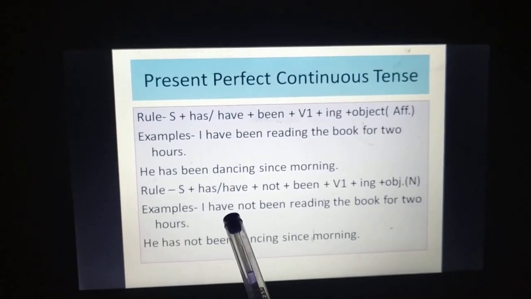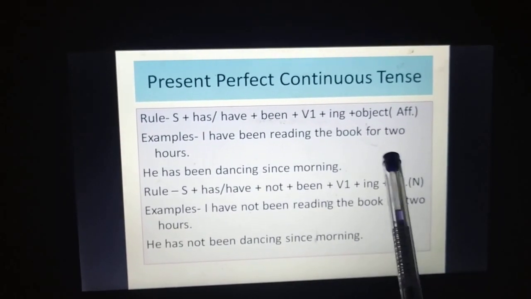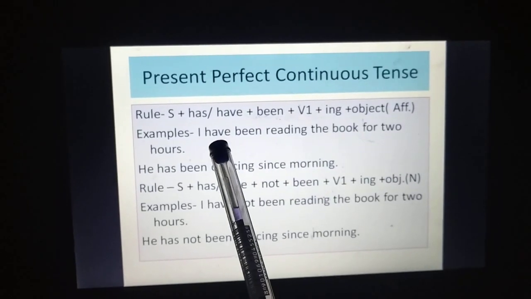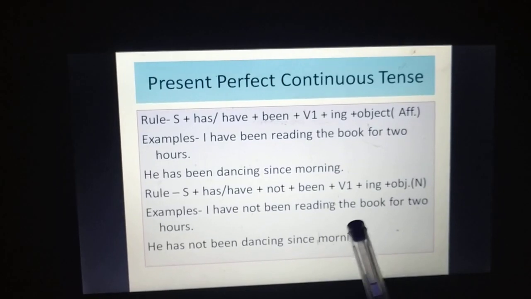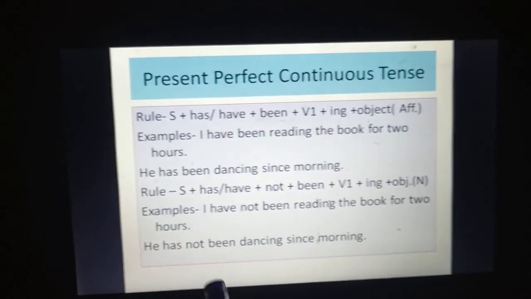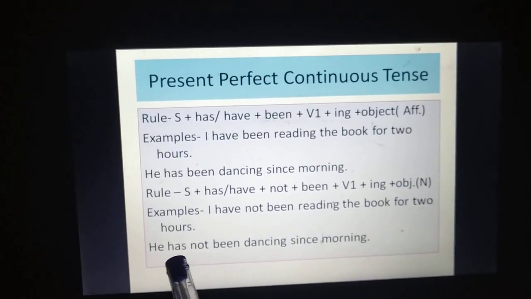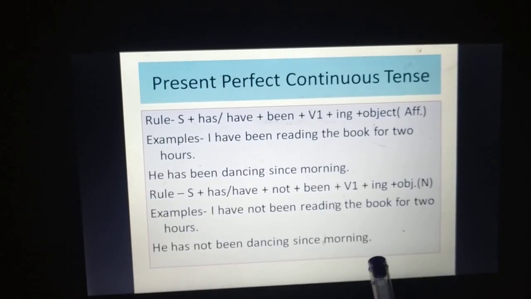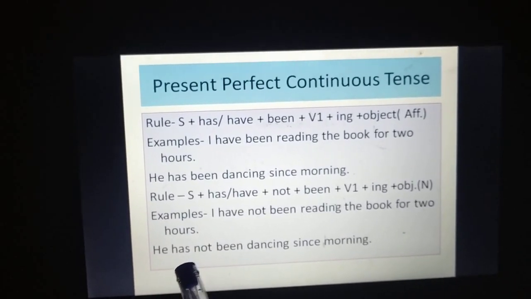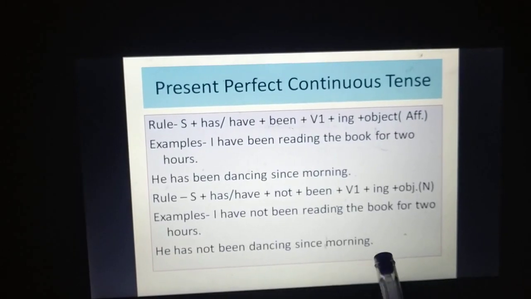Now let's see: I have been reading the book, where we have to add not after have. So it will become I have not been reading the book for 2 hours. Second, he has not been dancing since morning.